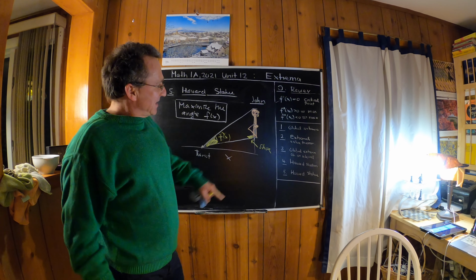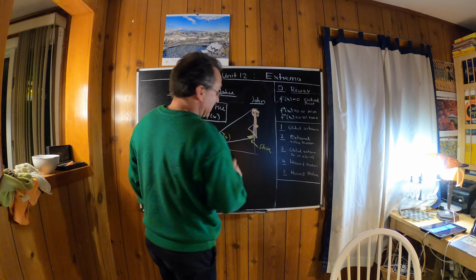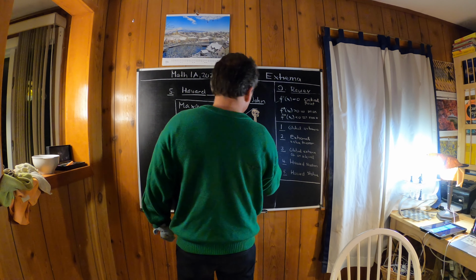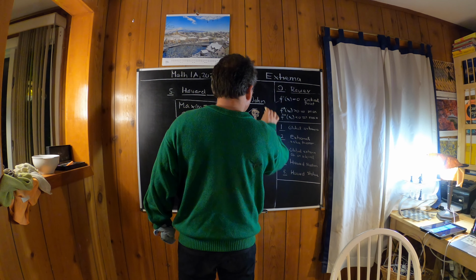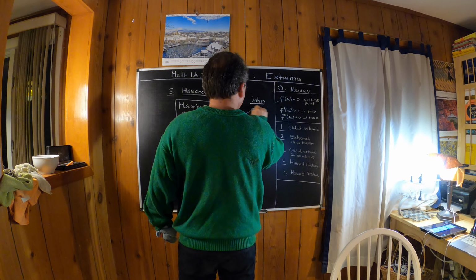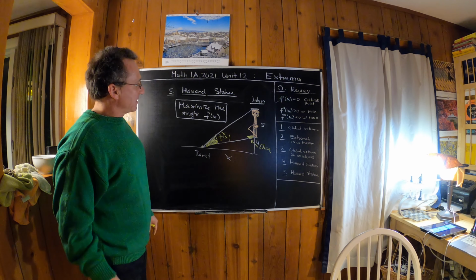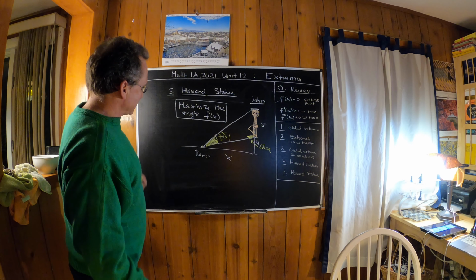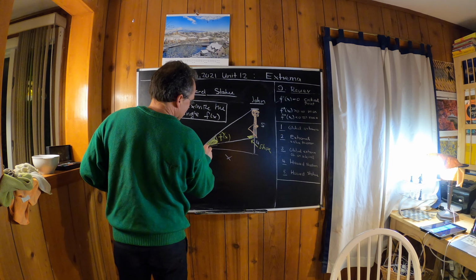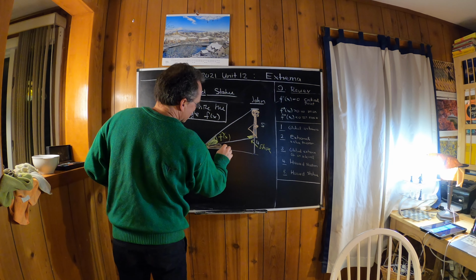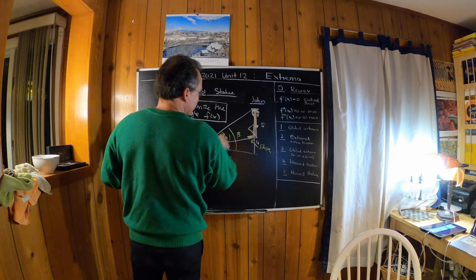So what we have to do is take this angle minus this angle. And I also give the dimensions. The dimension here is 4, and this is 5. So the total height is 9 feet here. This is 5 feet. This is 4 feet. So we have this angle here. Let's call this alpha, and this angle, call this beta.